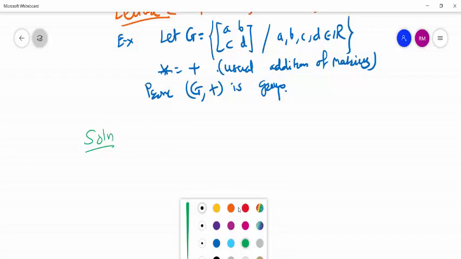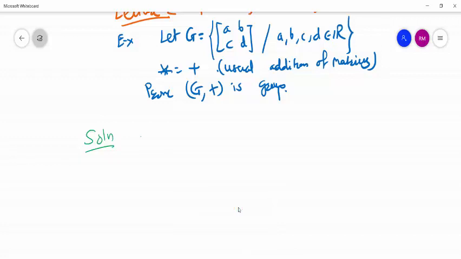To show it is a group, G is a non-empty set, which mathematically we can write as G is not equal to the empty set. First condition satisfied. Again I would like to revise, for those who missed the previous lecture or did not understand fully, they should remind themselves.